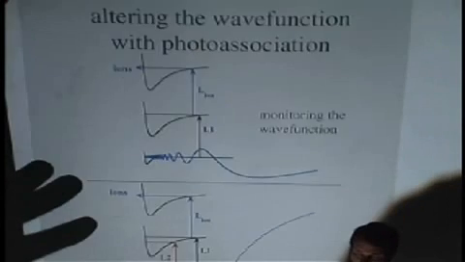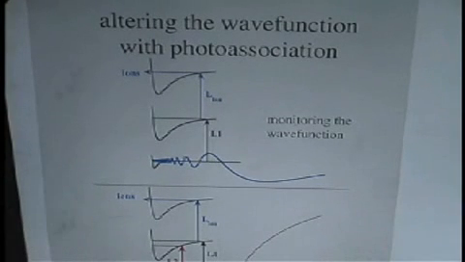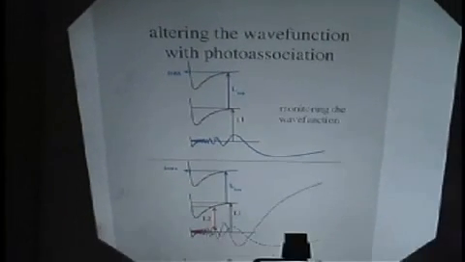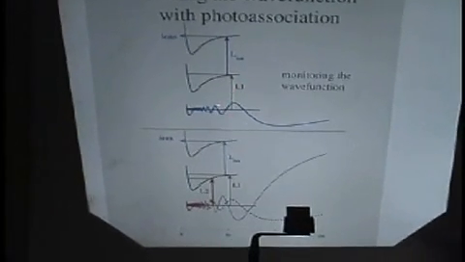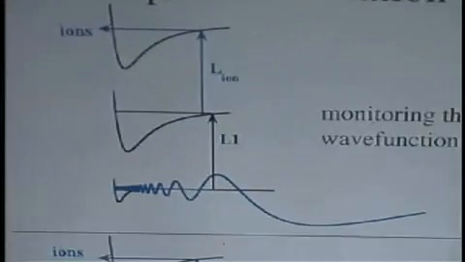One way to look at this is that, again, we're altering the wave function with photoassociation. So think of what we've done as setting up a photoassociation laser and an ionization laser. And again, this defines what we're able to look at. We've got a good bound-bound selection rule here that will select what wave function we can detect in the incoming channel.